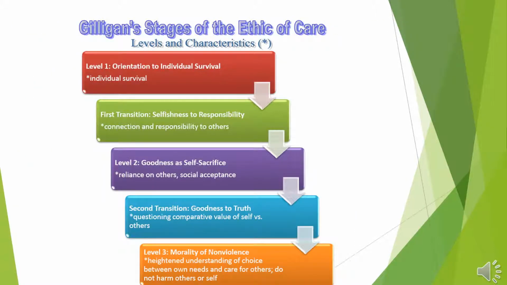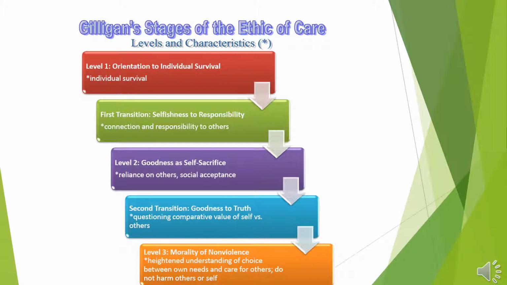So then, looking at Gilligan's stages of ethics of care, each level identifies a more intricate relationship between self and others. Gilligan's proposed transitions represent this sophisticated understanding between selfishness and responsibility. We have level 1, orientation to individual survival, where the individual is centered on the self and preoccupied with survival, and also not able to distinguish necessity and desire.